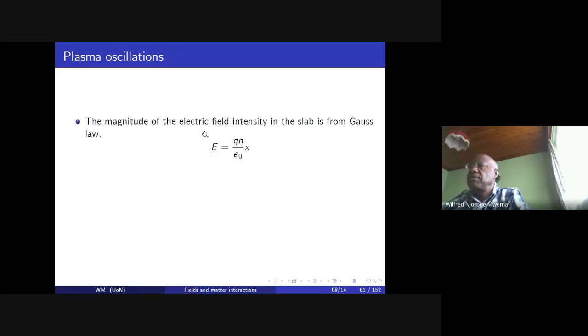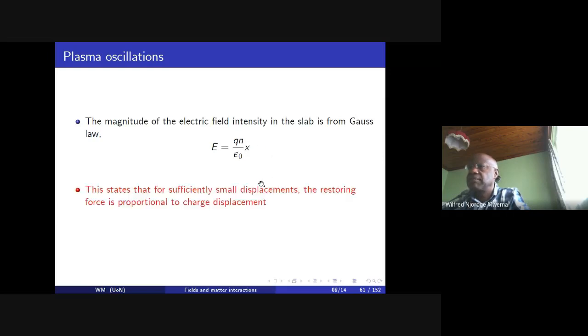So the magnitude of the electric field intensity in the slab is, from Gauss's law, given by E = q n x / epsilon_0, where E is the electric field intensity, q n is the charge density, divided by the permittivity of the material and multiplied by the displacement x.